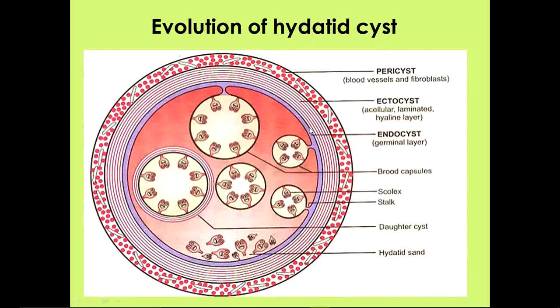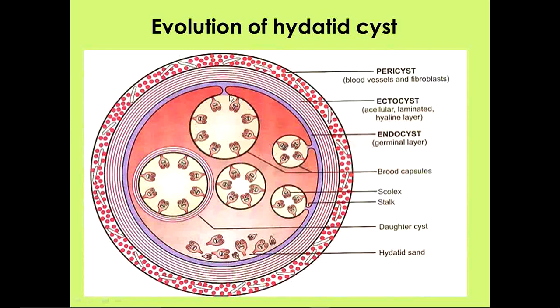The inner one is called the inner or germinal layer, also known as endocyst. Okay, the outer cyst, which is the ectocyst, is a laminated hyaline membrane, and it has the appearance of white of a hard-boiled egg. The endocyst is going to give rise to brood capsules.